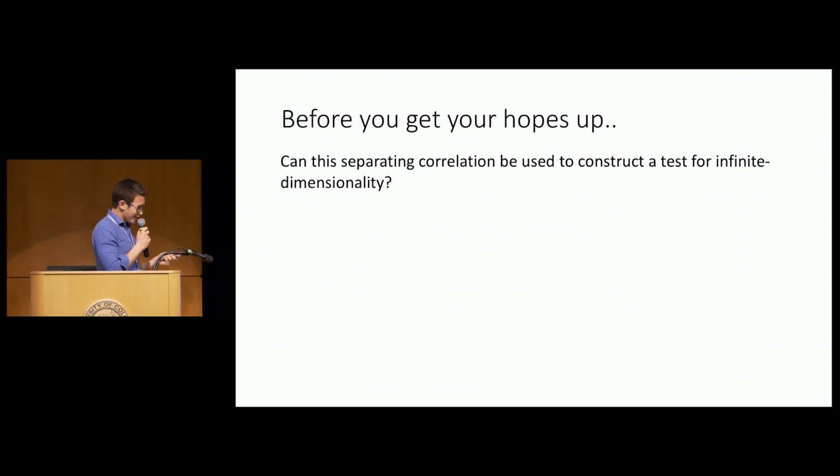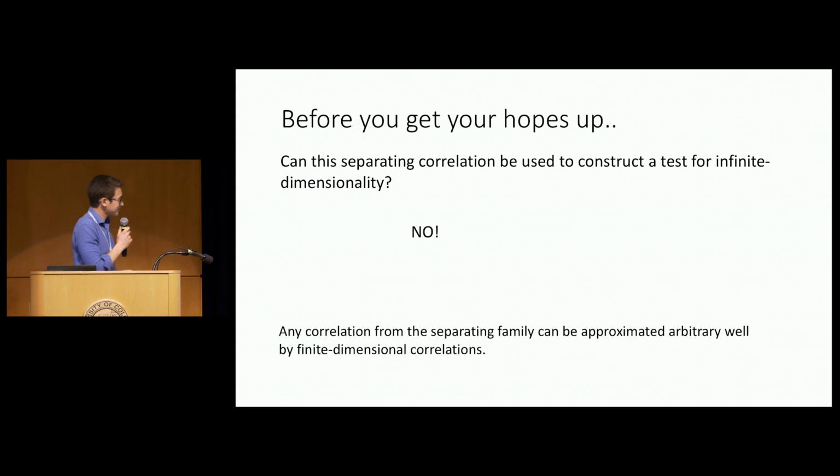Of course, we can't have such a test, at least not with our separating correlation, because our separating correlation can be approximated arbitrarily well by finite dimensional correlations or strategies. And so any statistical test that you can come up with will inevitably have some statistical noise, so you can always be fooled by a high enough but still finite dimensional strategy. Okay, so no, we cannot have such a test.